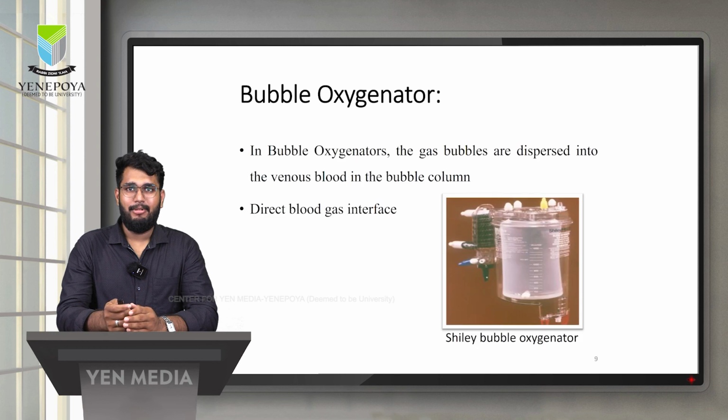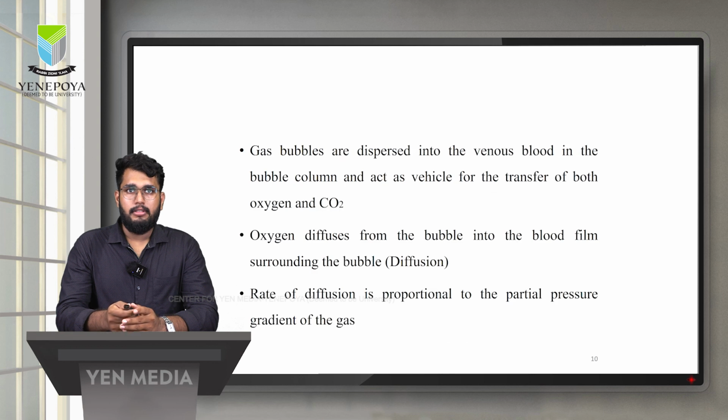Bubble oxygenator. In a bubble oxygenator, the gas bubbles are dispersed into the venous blood in a bubble column. It has a direct blood gas interface. So in a bubble oxygenator, what we are actually doing is pumping the gas bubbles into the blood. Gas bubbles are dispersed into the venous blood in the bubble column and act as a vehicle for gas transfer for both oxygen and carbon dioxide.